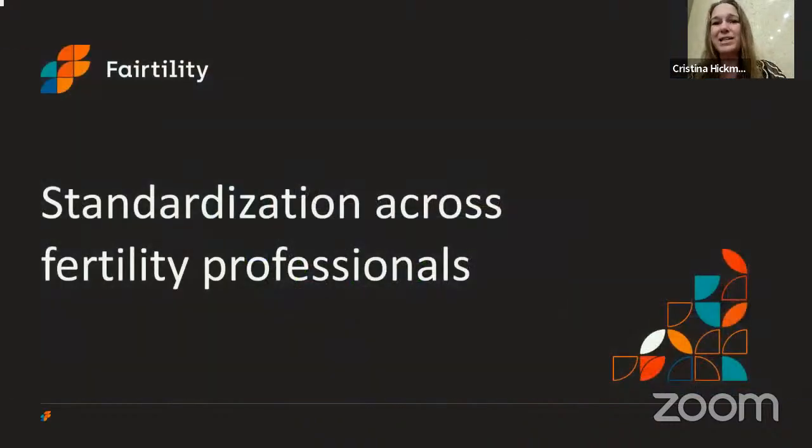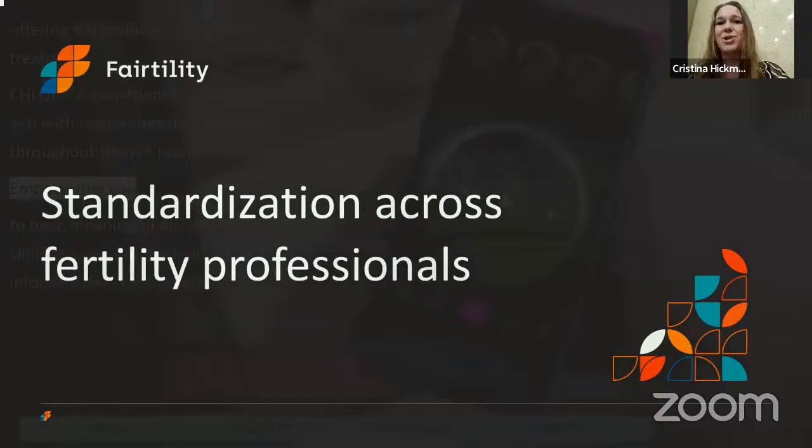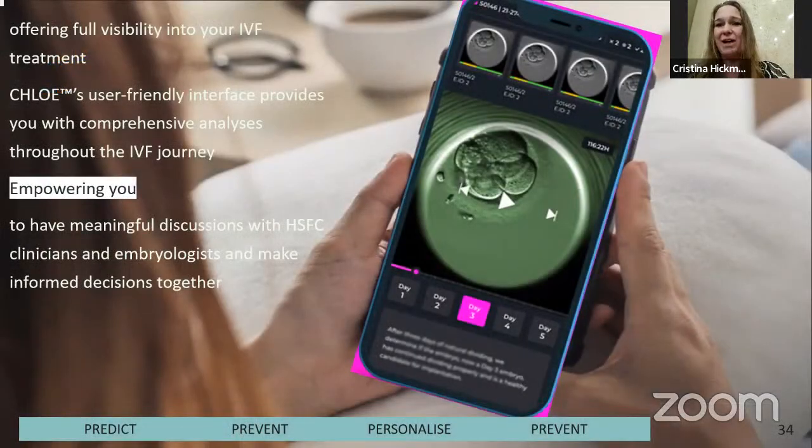So what Chloe does is that Chloe brings standardization across all fertility professionals, so that you always know that you're having the best possible care delivered to you. Chloe also allows this information to be shared with you, so allowing you to have full visibility into your treatment. You're able to receive images of your own embryos.